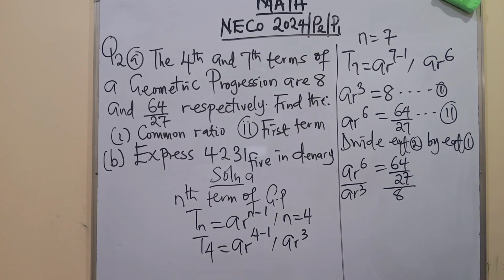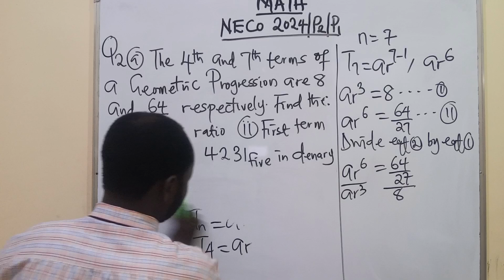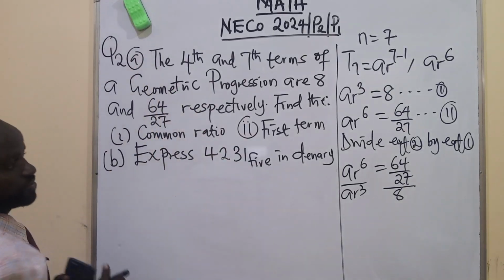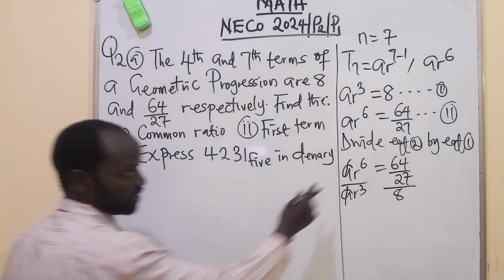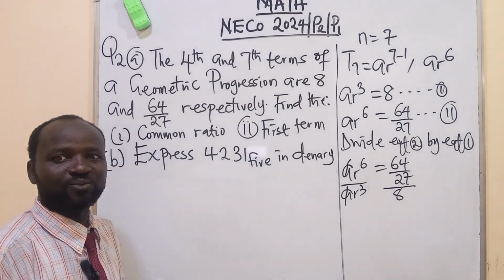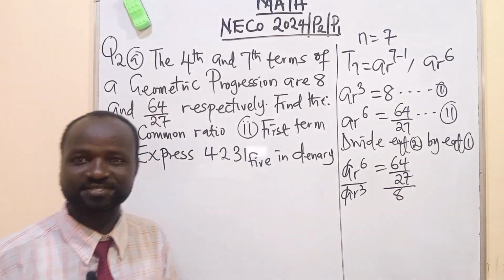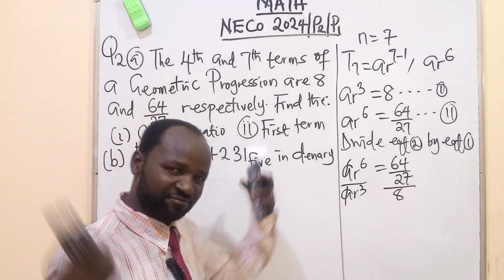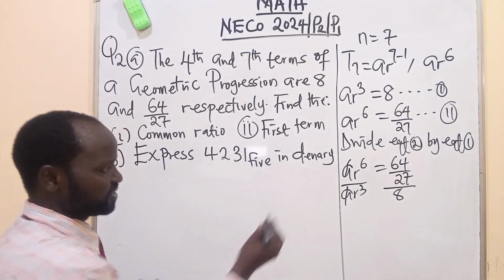At this point, let's move here so that we can work on that. It means this A will divide this A. Then we are left with R power 6 divided by R power 3. We apply the division law of indices. When the bases are the same and we are dividing, we subtract their respective powers.